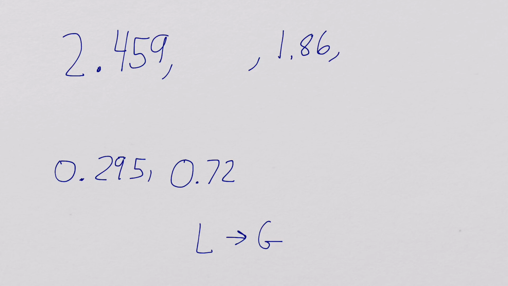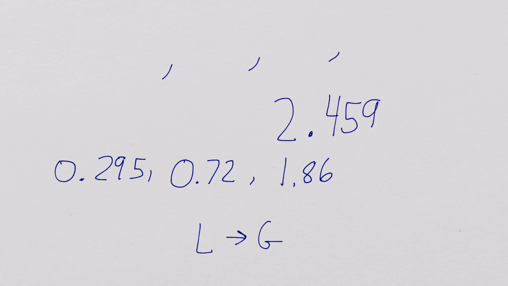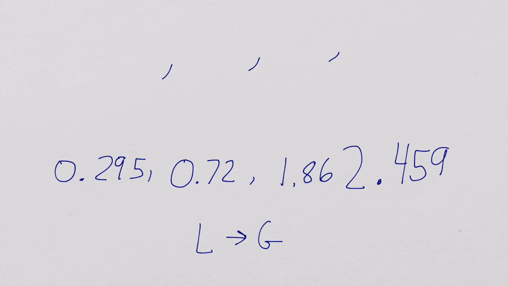So I can move it all the way over to our third place. And lastly, 2 and 459 thousandths is going to be the largest or the greatest decimal that we have to work with. So it becomes our last number in our order from least to greatest.